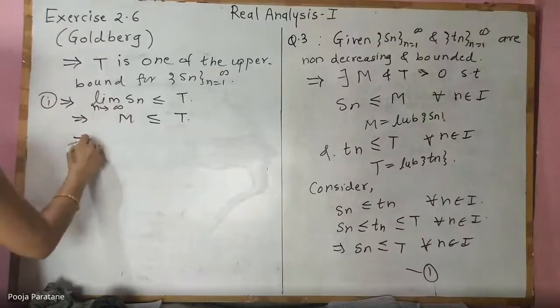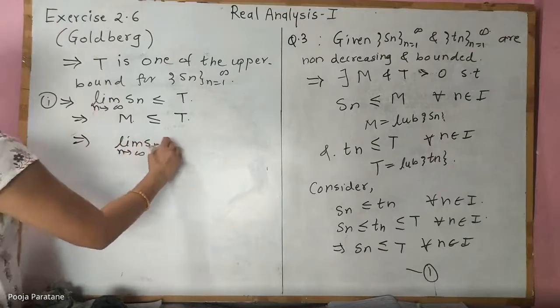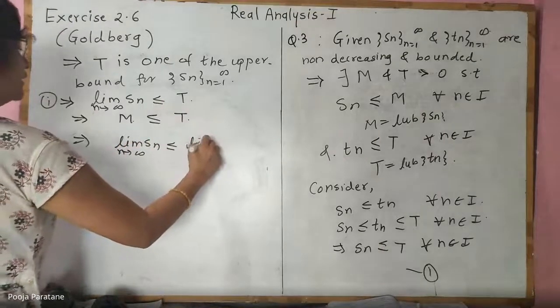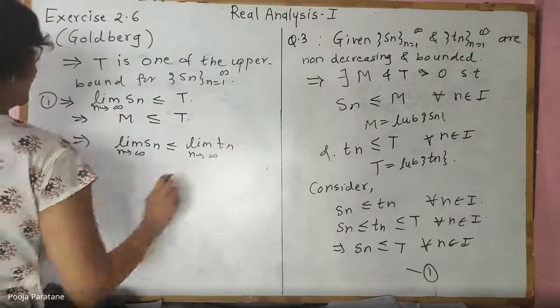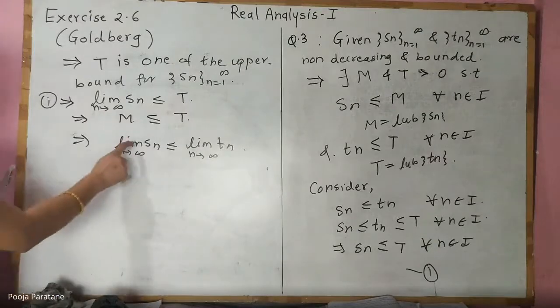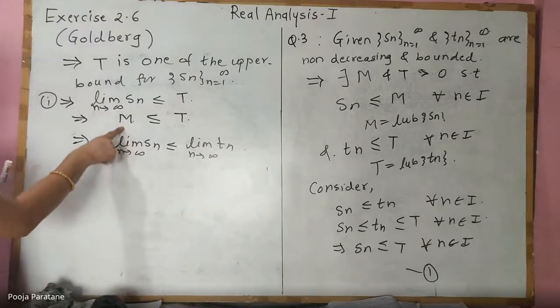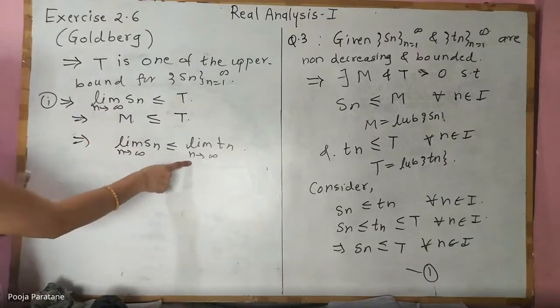So this implies limit of Sn as n tends to infinity is less than or equal to limit of Tn as n tends to infinity. Hence the proof. Well, why can we say this? Because M is the least upper bound and therefore limit of Sn is M. Same for this one.